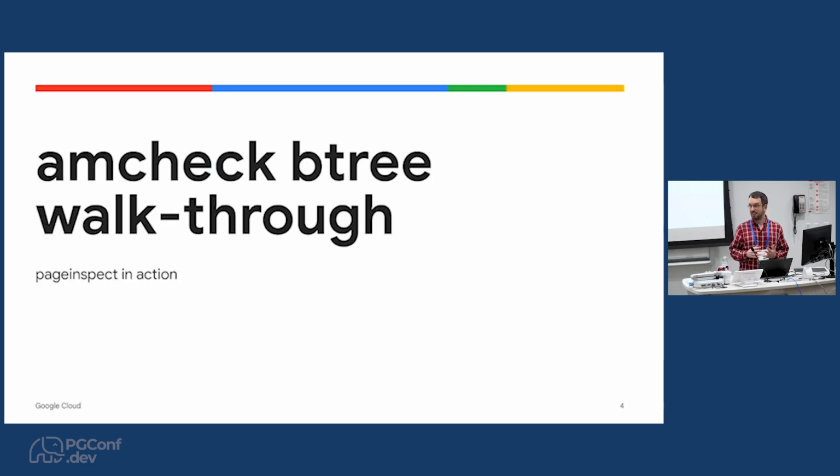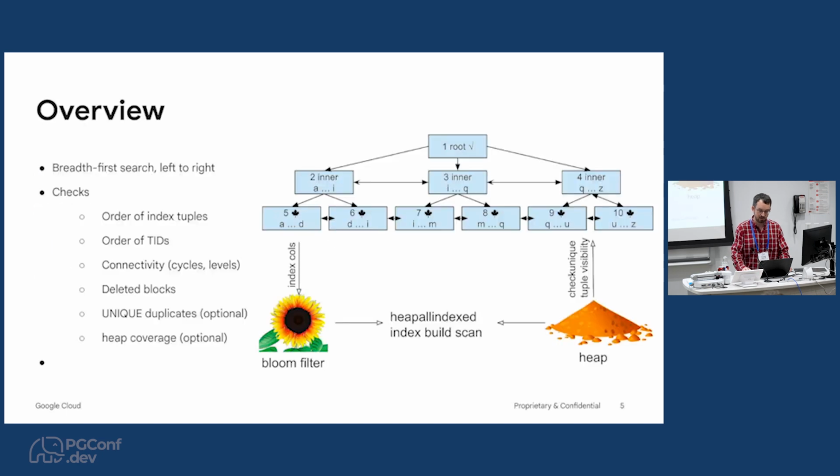Before we actually get into the individual fixes, I wanted to do a bit of a walkthrough of using amcheck and some tips and tricks to put some context on that. So this is to introduce the structure of a btree index. This will be familiar to many of you, but a btree index has any number of levels. Each level is a population of 8 kilobyte pages that share a distance from the leaf level.